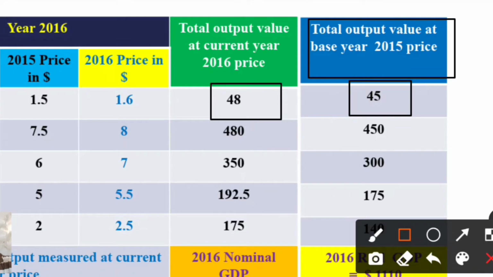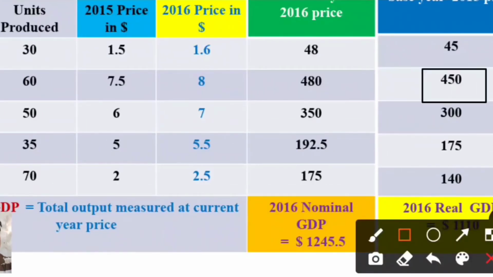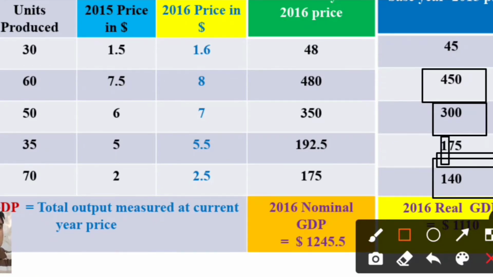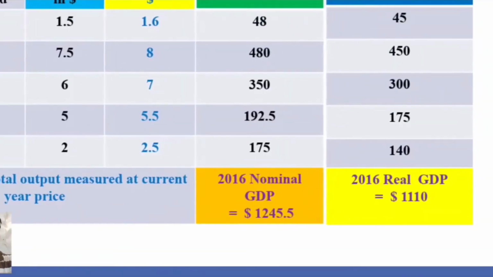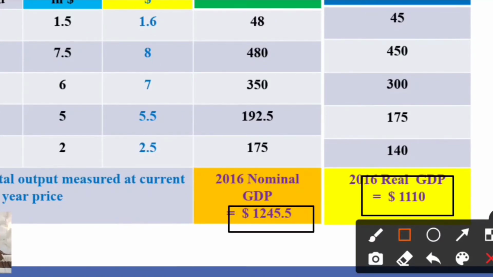If we calculate all units of A, B, C, D, E at base year price, it will be 45, 450, 300, 175, 140. So the nominal GDP that we calculated for 2016 is $1,245.5, but the real GDP for 2016 is $1,110 against the $1,245.5 nominal GDP.